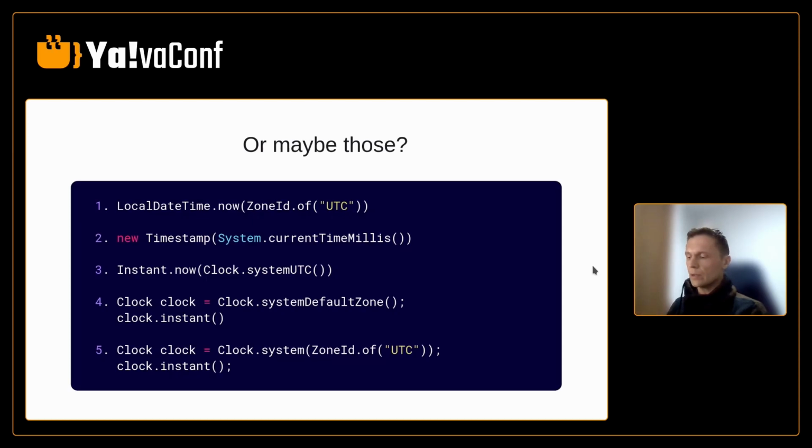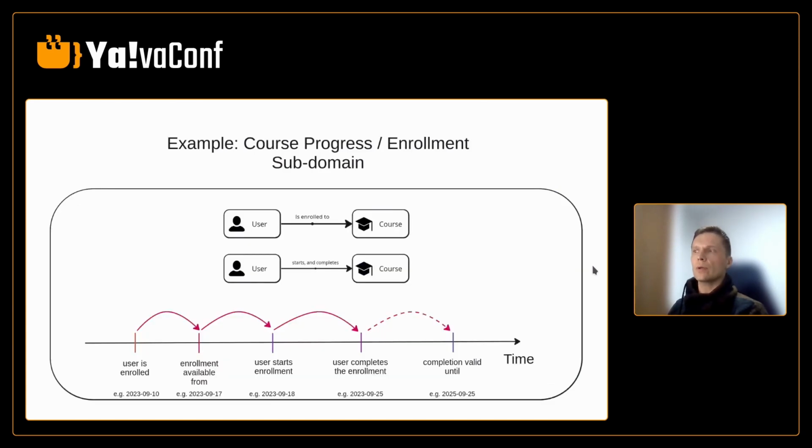And to explain this problem, we need to jump into some more real-life domain problem. So let's talk about this example. Let's imagine we work with a system that offers enrollments to users for some courses, and those users can take those courses. So on the timeline, time is really important in those cases.